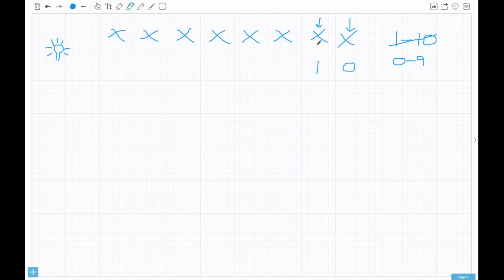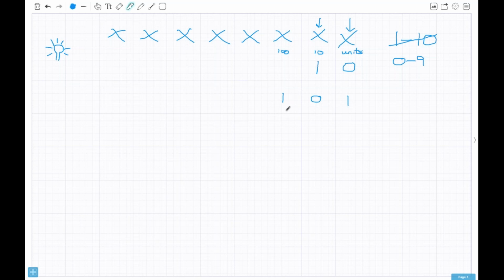Now, when I was in school, which was a while back, we called these tens and we called these units. We called these, of course, hundreds. So if I had 101, that would be 100, 0 tens, and 1 unit.